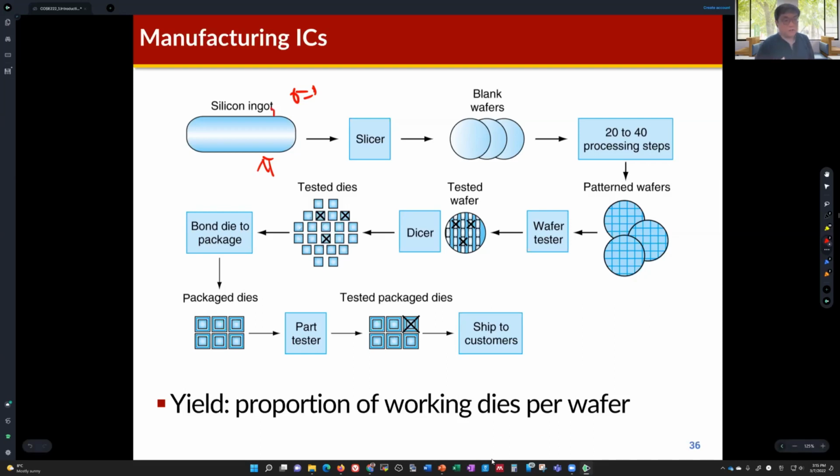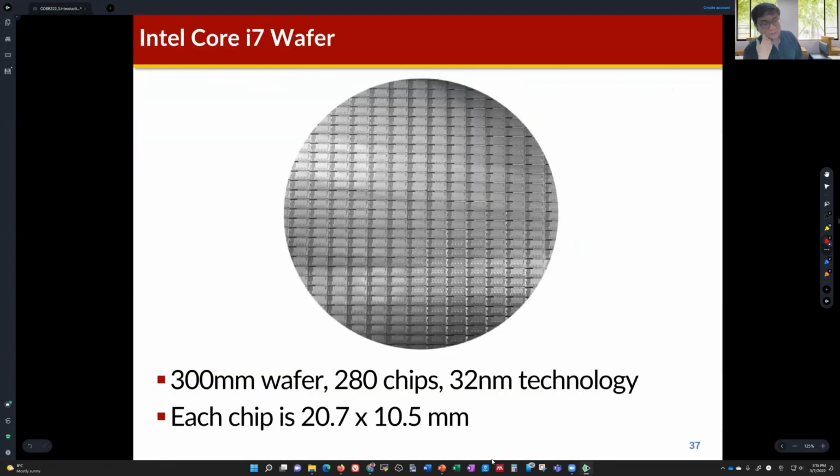It's just a cylinder of silicon, and then we cut the silicon and make the blank wafers. And then the processor chips are fabricated on these blank wafers like this. So this is the photo of the i7, and this is a single die. Many dies are fabricated on the surface of a wafer.